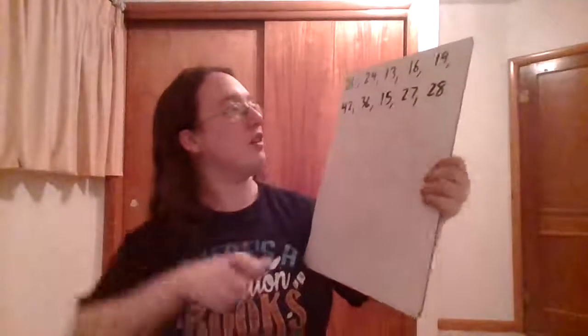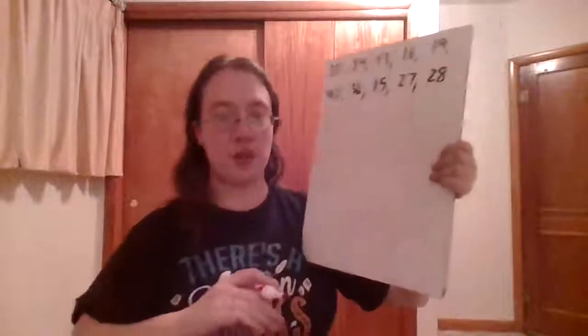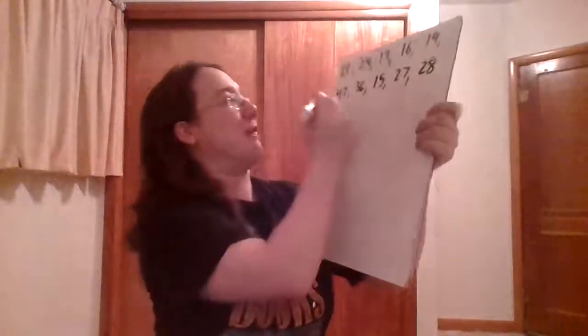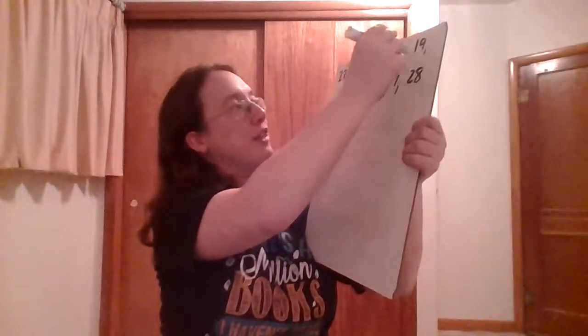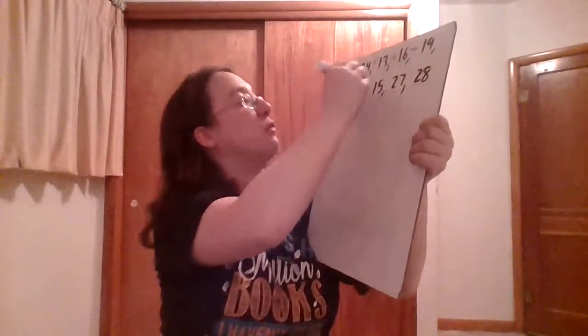Okay. So first thing we want to add up all of our things and divide by our number of things. So we're going to add 22 plus 24 plus 13 plus 16 plus 19. I'm not going to rewrite all of these. I'm just going to add them up.